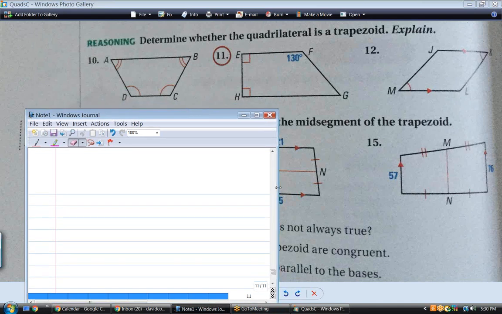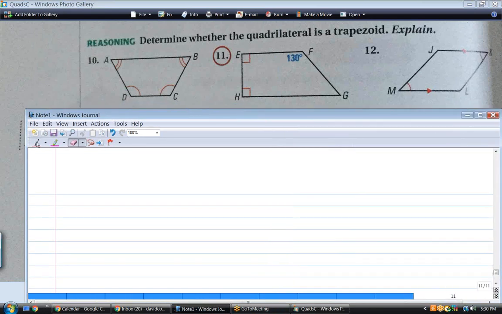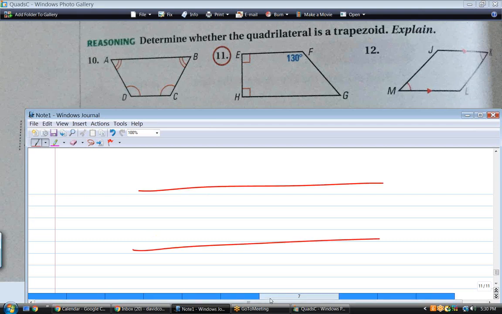Remember our theorem about parallel lines. If I have two parallel lines, and this angle is equal to this angle, that tells me those lines are parallel. In other words, it's not just that if I have two parallel lines, those angles are equal. It's if those angles are equal, I have two parallel lines.